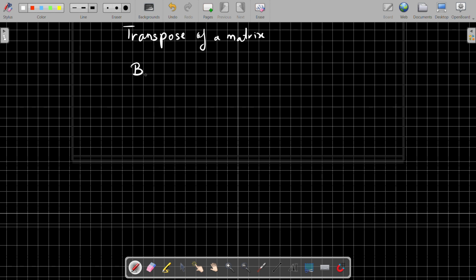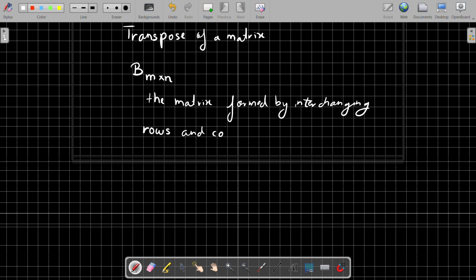Let's say our example matrix is B, M cross N, then the matrix formed by interchanging rows and columns of B is called transpose of B.